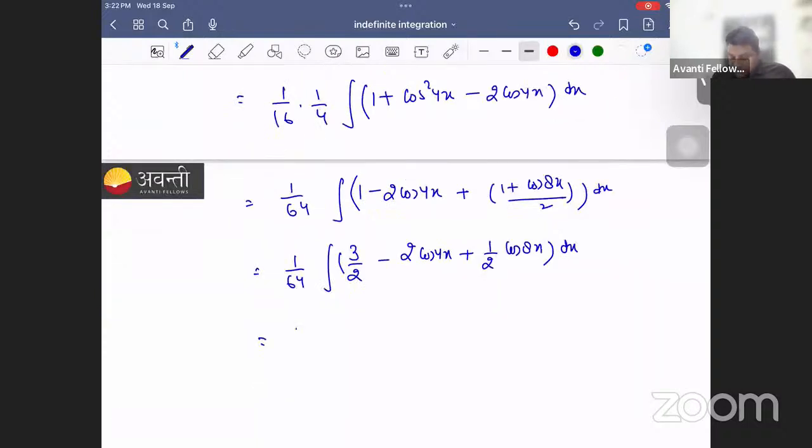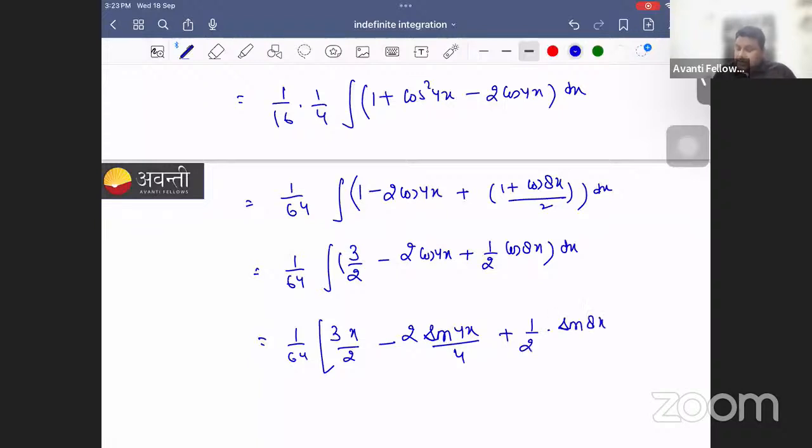So finally you have 1 by 64. This will be 3x upon 2 minus 2 cos 4x integration will be sine 4x upon 4 and half of cos 8x integration will be sine 8x upon 8 plus constant. Have a look at it.